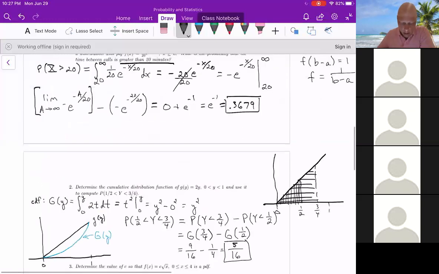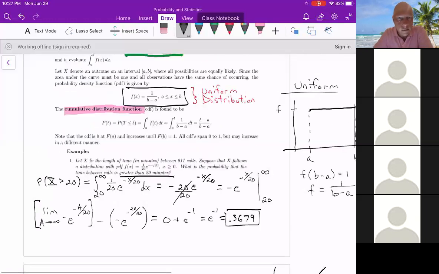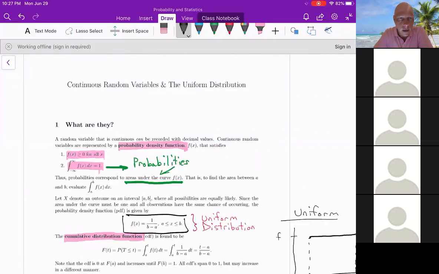So I look back here at the 2 criteria. And for the first one, I realize, okay, well, I need f of x to be positive. And when x spans 0 to 4, I know that x is not going to be negative. So in order for number 1 to hold, c must be a positive value.